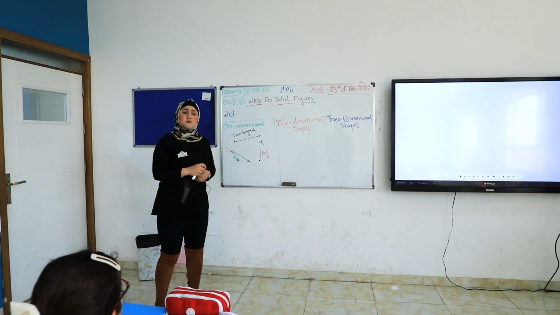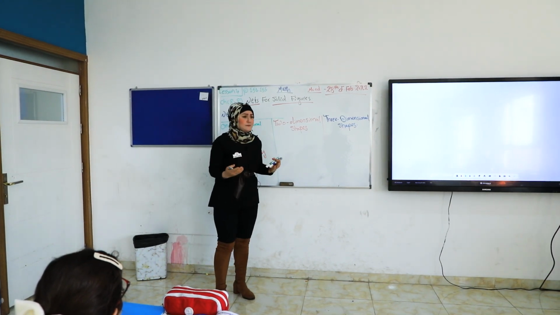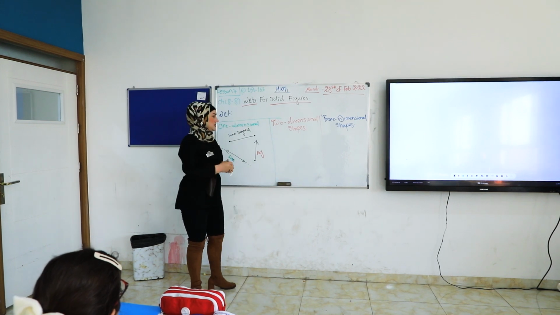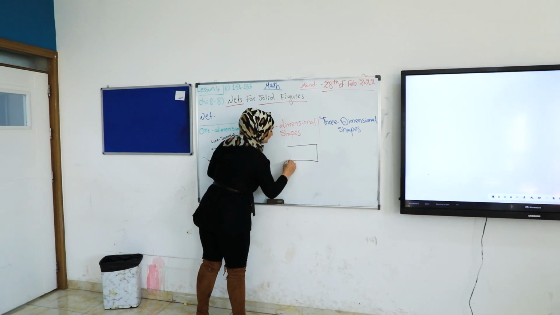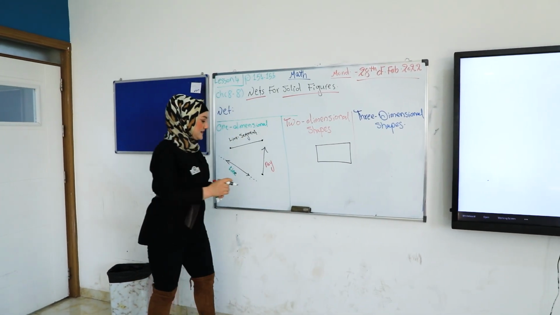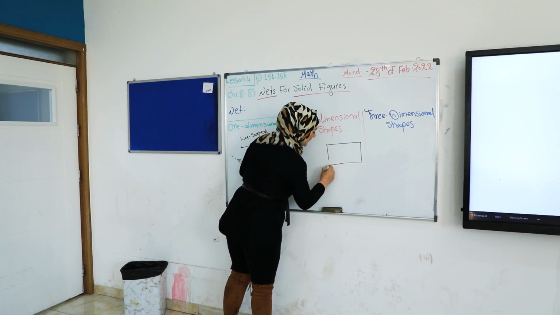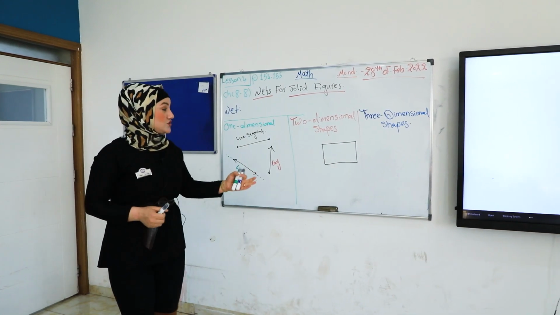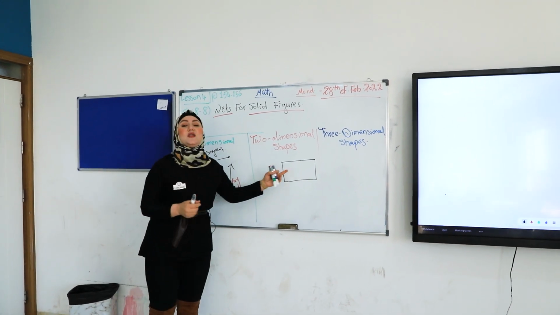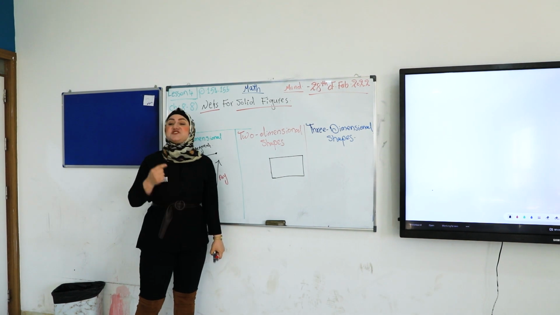You might ask me, Ms. Dewan, how could we find two-dimensional shapes? What are the dimensions? I'll show them to you. For example, I'm going to draw this. I know it's not a perfect rectangle, but at least you know it's a rectangle, right? So it is a shape.